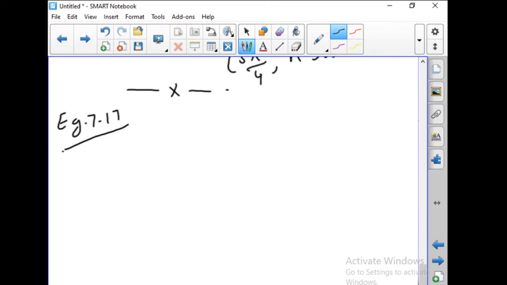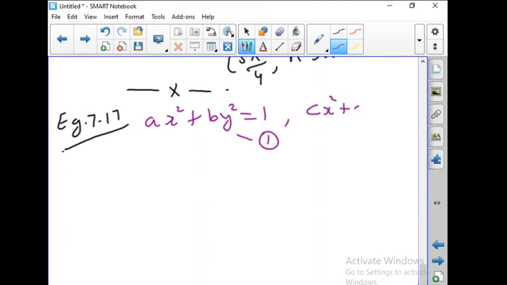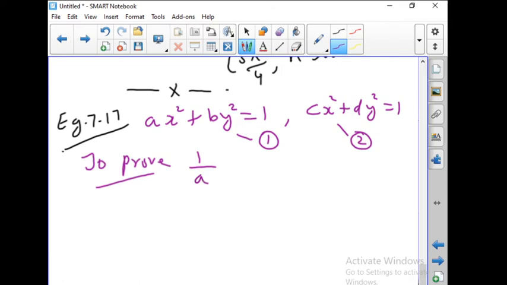If the curves a x square plus b y square is equal to 1, take this as equation number 1, and c x square plus d y square is equal to 1, take this as 2, intersect each other orthogonally, then show that 1 by a minus 1 by b is equal to 1 by c minus 1 by d. This we have to prove.